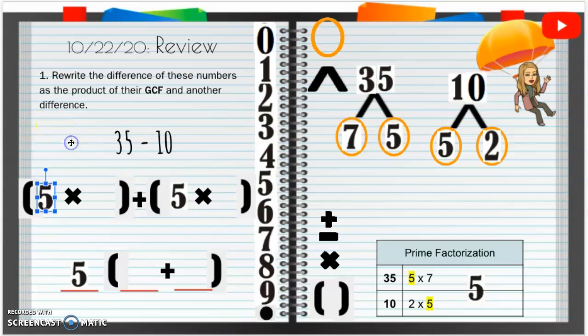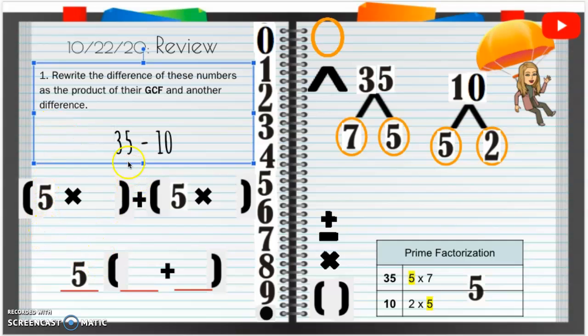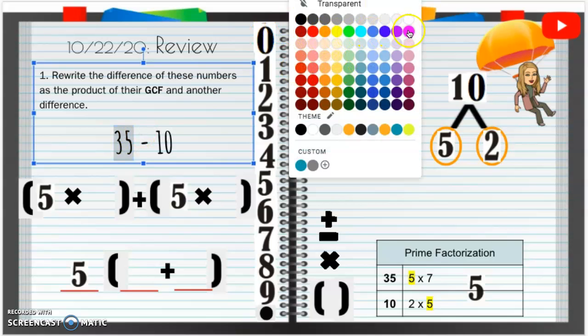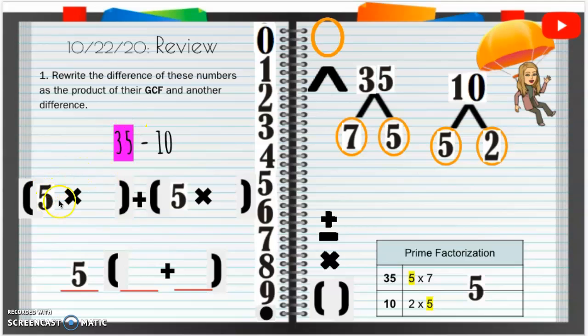There we go. All right, so now we can say, okay, so 5 times what equals 35? Well, I know that 5 times 7 is 35. So I'm going to put 7 here, and I'm going to put 7 here, down here in these parentheses.